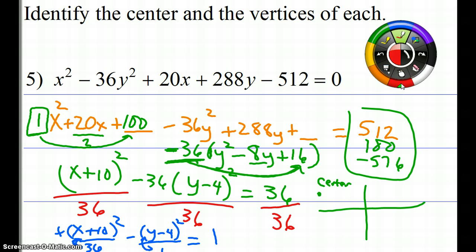I get my vertices by going 6 to the right. I'm sorry, this is going to mess my picture up a little bit. So that's a vertex. And 6 to the left, that's our other vertex. We're going to go in the y direction, 1 and 1.